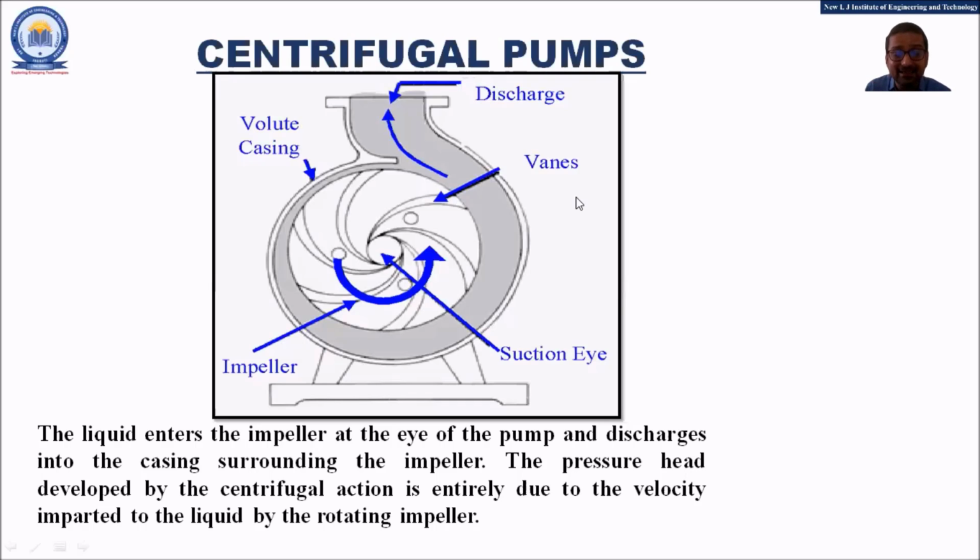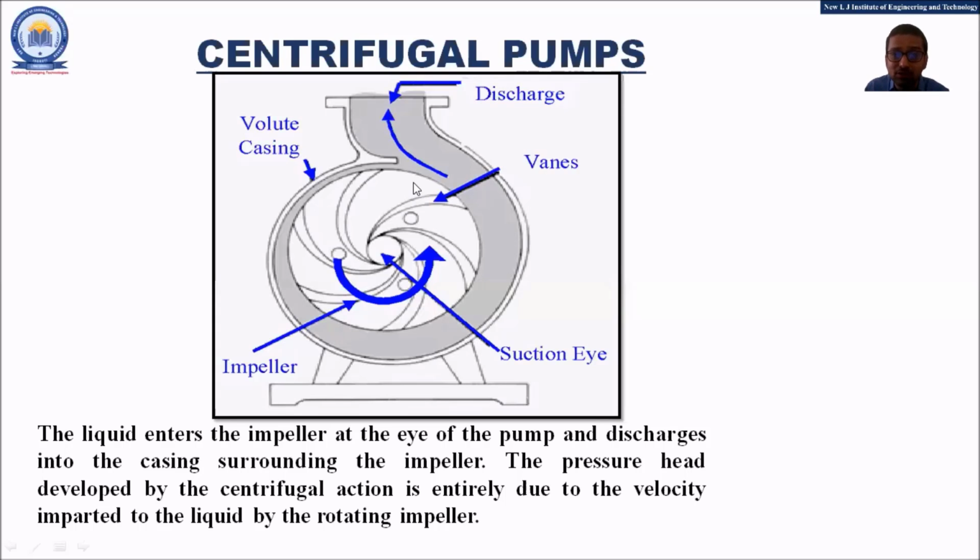When this kinetic energy of the water is transferred to the casing, because of the special design of the casing, as the water is flowing in the casing, the kinetic energy of the liquid gradually decreases, and this decrease in the kinetic energy is converted into the pressure energy, or can be considered as the pressure head.